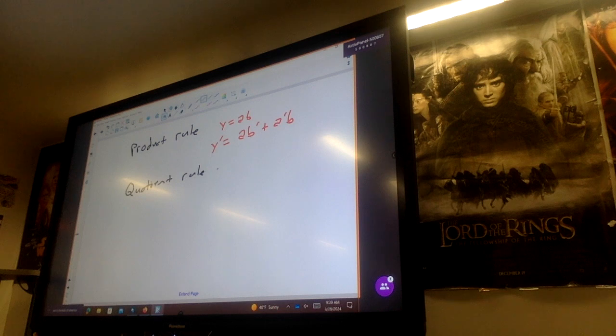Our quotient rule, if we had y equals a over b, our derivative of that is going to be b times derivative of a minus a times the derivative of b all over b squared. So those are our two new rules that we talked about.